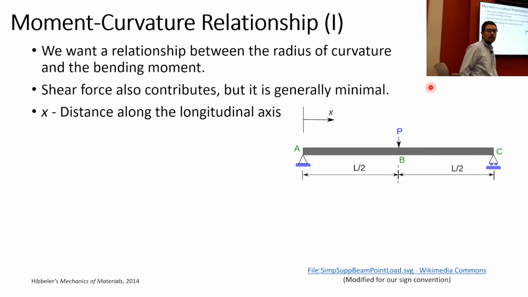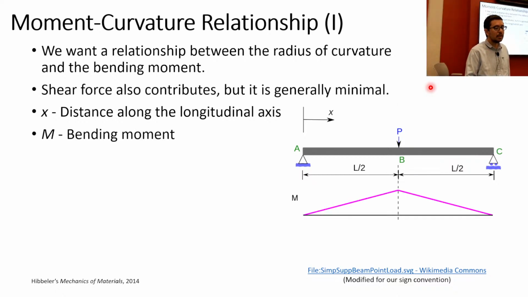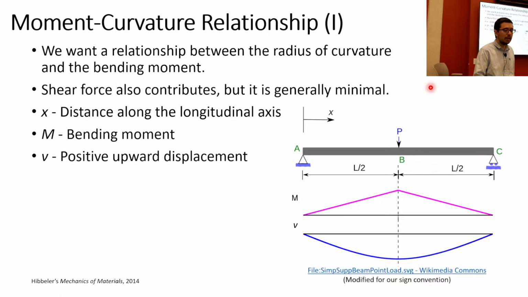What we do, again, is we have some distance along the beam, and we have a bending moment M, and we describe v. This is a convention that you want to keep in mind. v is positive if it goes upward. So this is actually all negative v. The curvature is positive, but the v, the displacement of the beam, is negative.